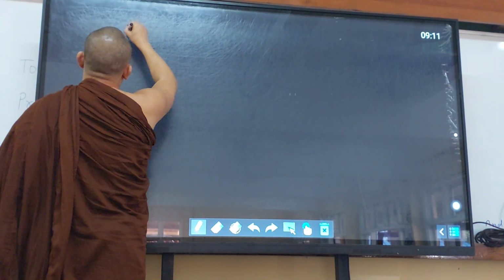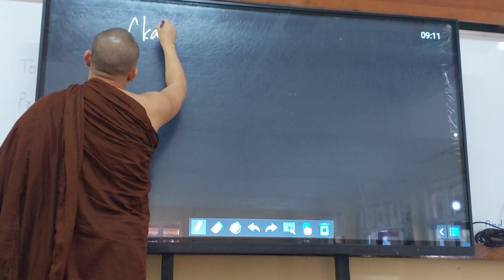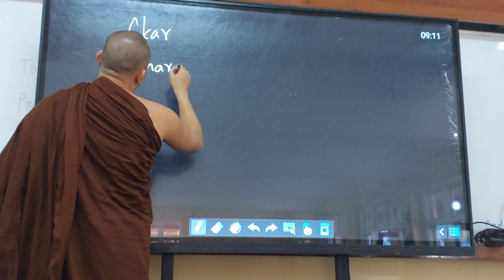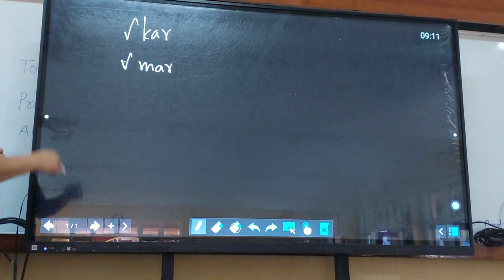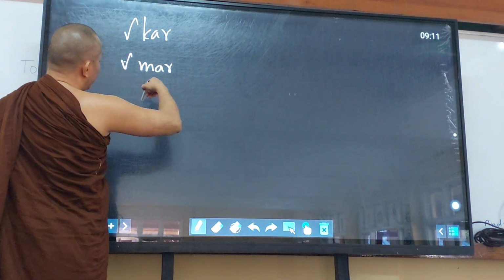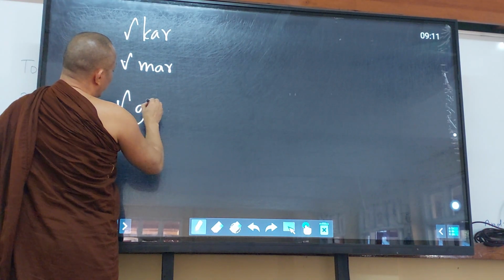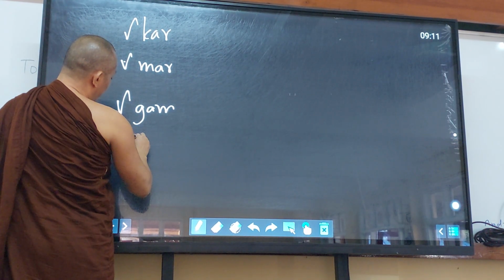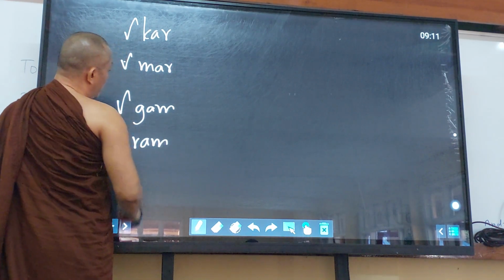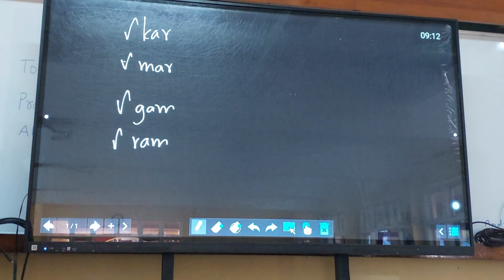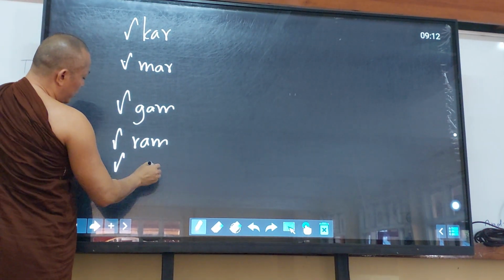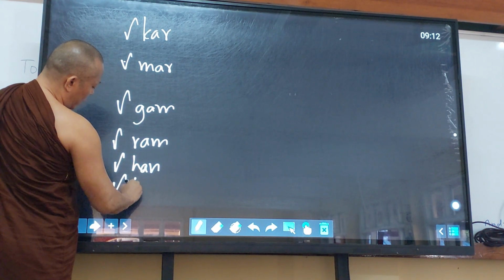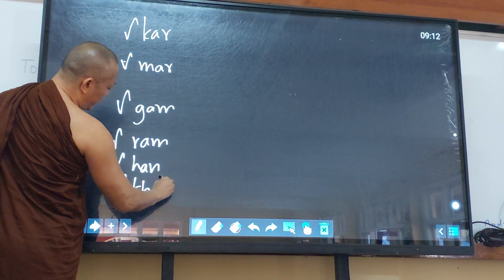So commonly, the roots kar, mar, kam, ram, those roots ended in the Ra, and then han, and the root kan.